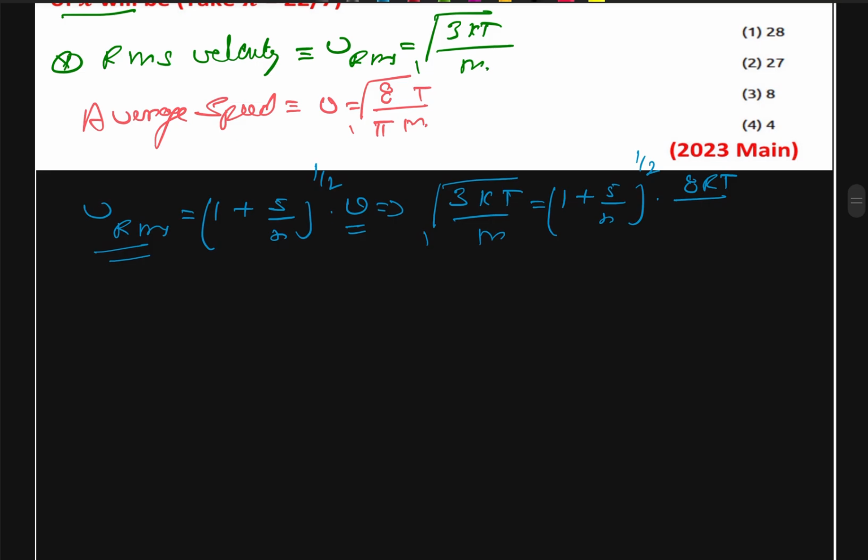Here it is k, I just put it k, and this is also k, and divided by pi times m under the square root.